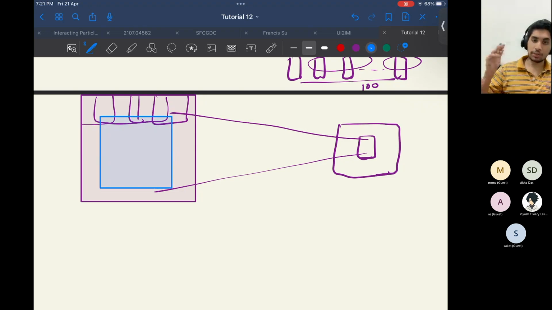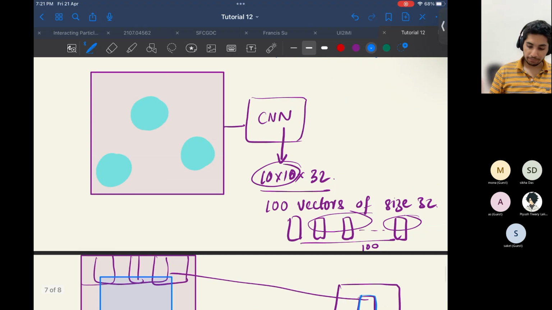If you remember the lectures of CNN, we learned that if you pass the image through several layers, a small part of the feature at a particular layer corresponds to a big part of the original image, because that is how CNNs are constructed.